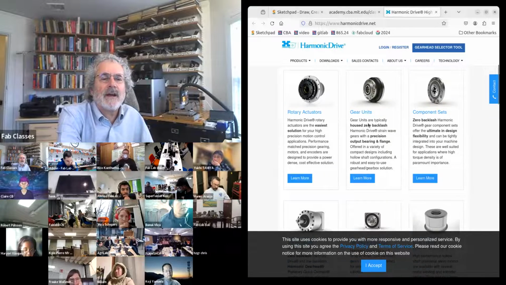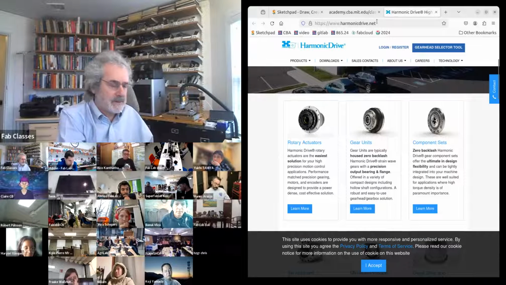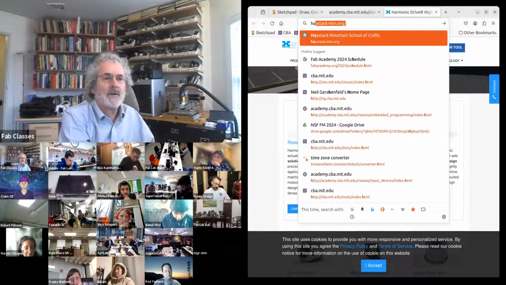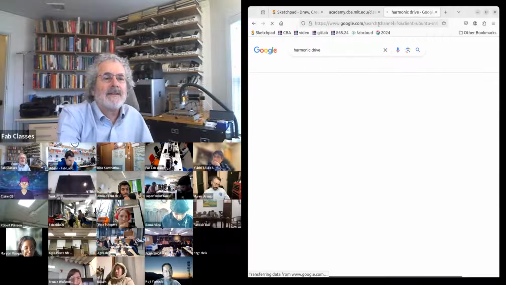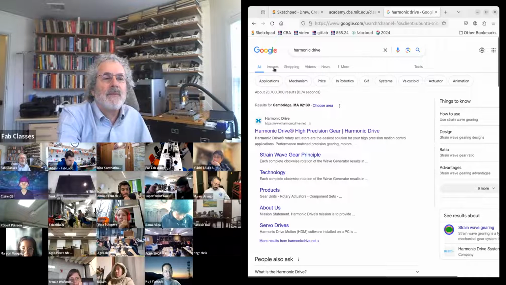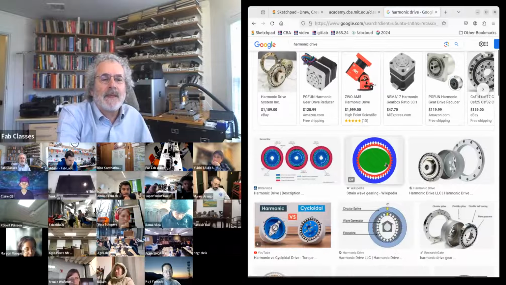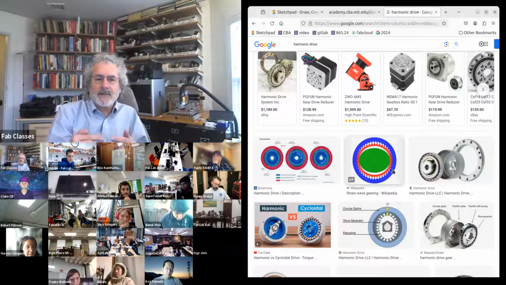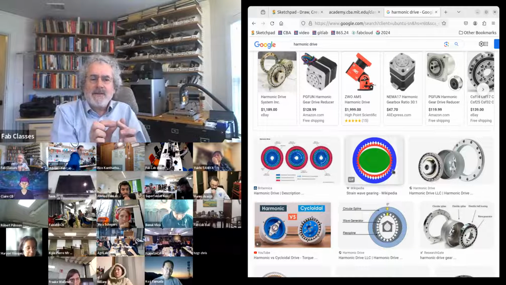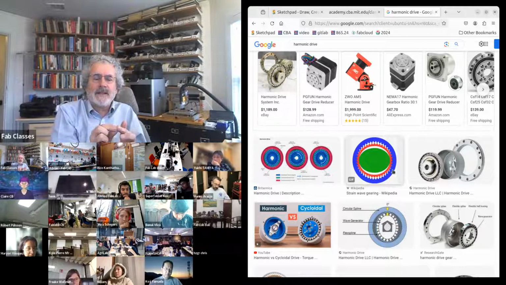And a neat idea is harmonic drives, which are common in robot joints. This is something you can buy, but you can also make. What a harmonic drive does is it has a rigid outside, it has a flexible inside, and the flexible inside has slightly fewer teeth than the outside. And then it has this oblong driver.